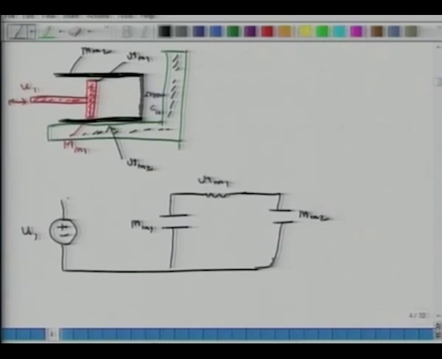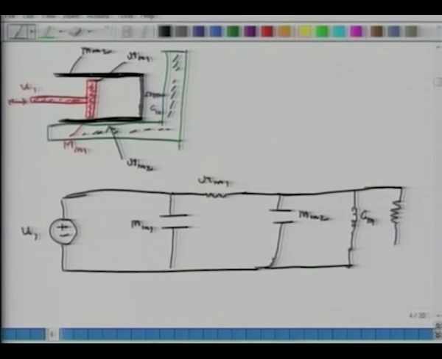Of course, the first mass is also seeing excitation through u1, and the second mass and the ground are connected in parallel through two elements, Cm and a resistance. So I have an inductance of value Cm, and then I have another mechanical resistance, value Rm2.